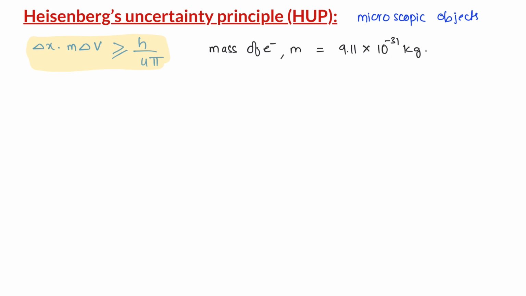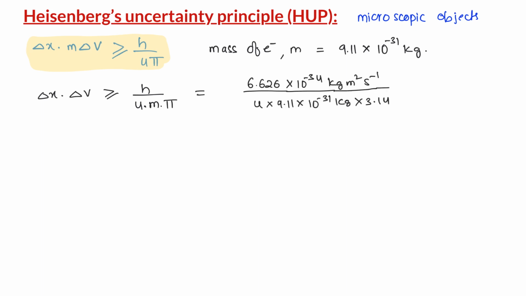If we rearrange this equation, we get delta x times delta v is greater than or equal to h over 4m pi. Plugging in all the values, we get 6.626 times 10 to the negative 34 kg meter square per second divided by 4 times 9.11 times 10 to the negative 31 kilograms times 3.14.